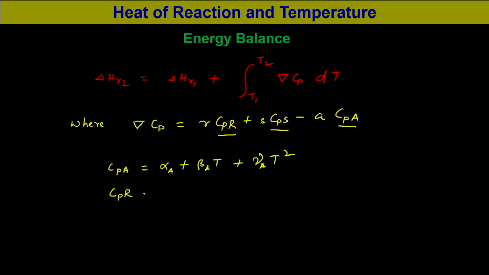Cp R is alpha R plus beta R T plus gamma R T square, and Cp S is equal to alpha S plus beta S T plus gamma S T square.